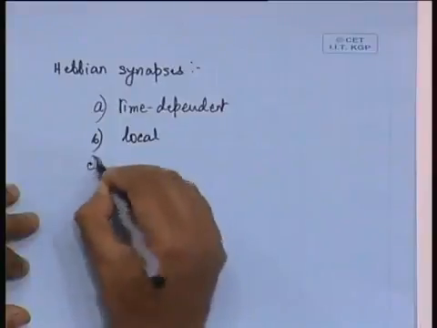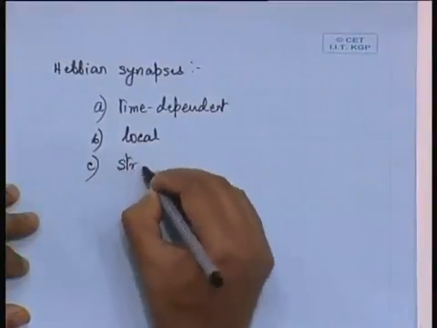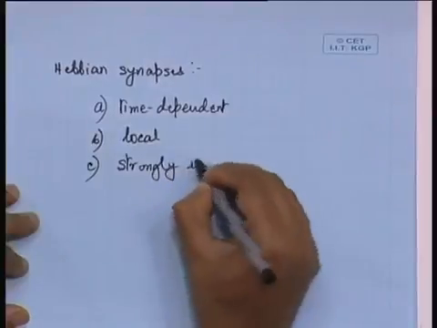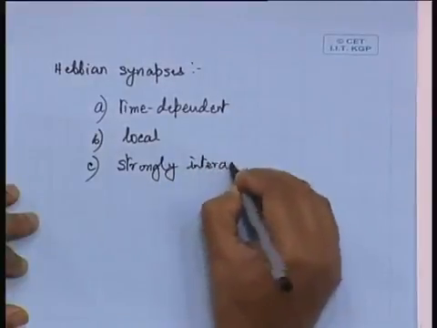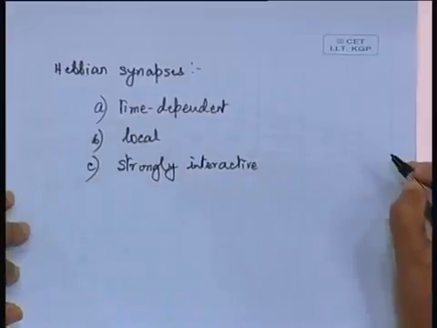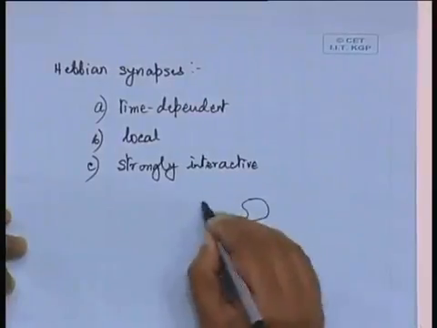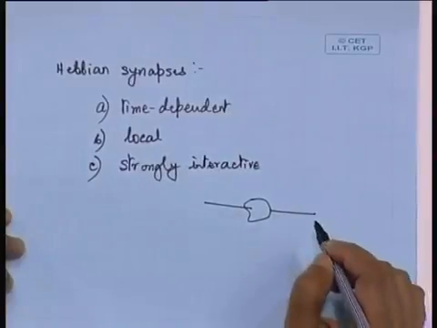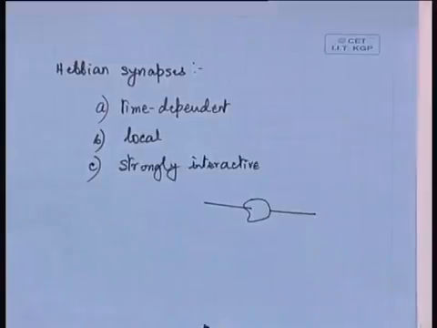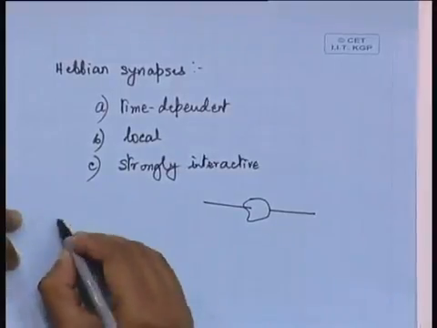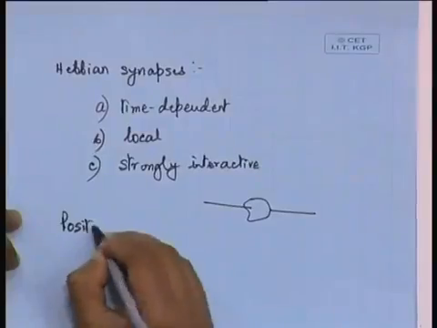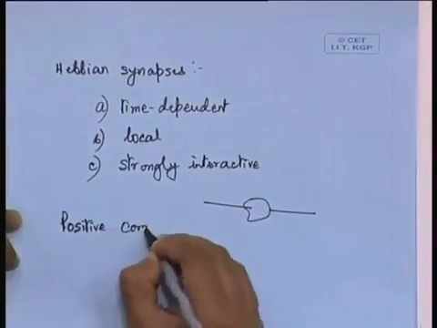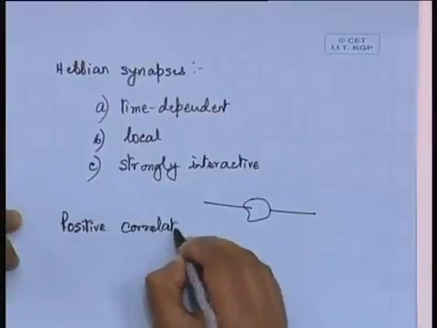And the third thing is that it is strongly interactive, and strong interactivity in this case means that there are true interactions between both the ends of the synapse. So, if we consider the synapse, then the presynaptic and the postsynaptic neurons are surely interactive with each other.